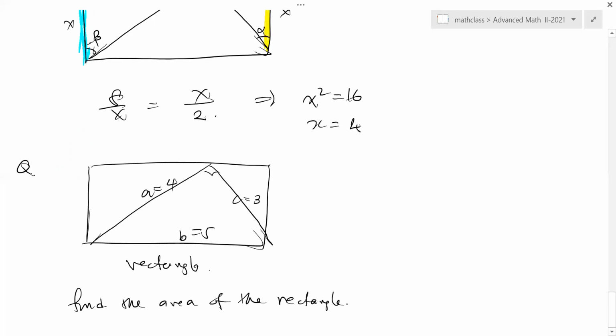So you already see a right triangle there, and you make a rectangle. The question is, what is the area of the rectangle? Can you do that?